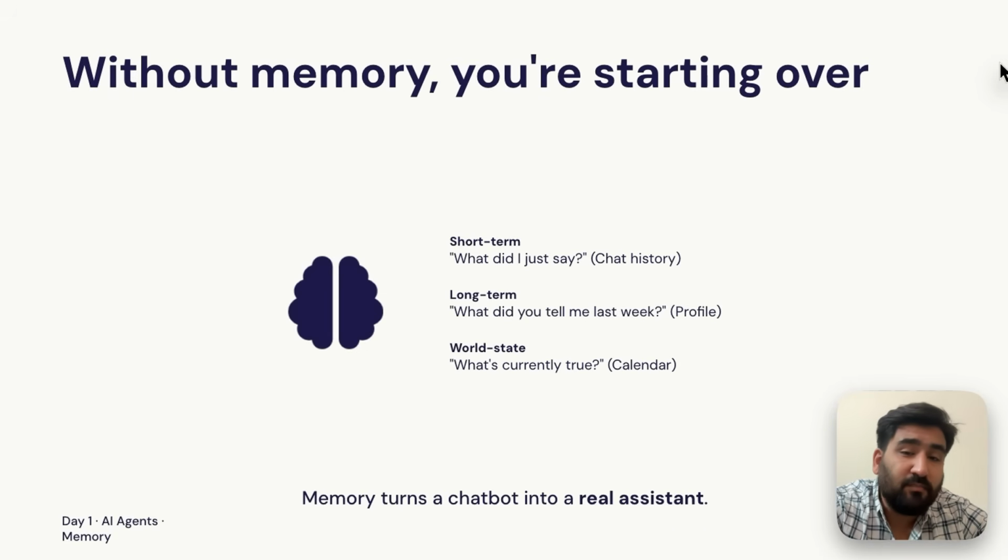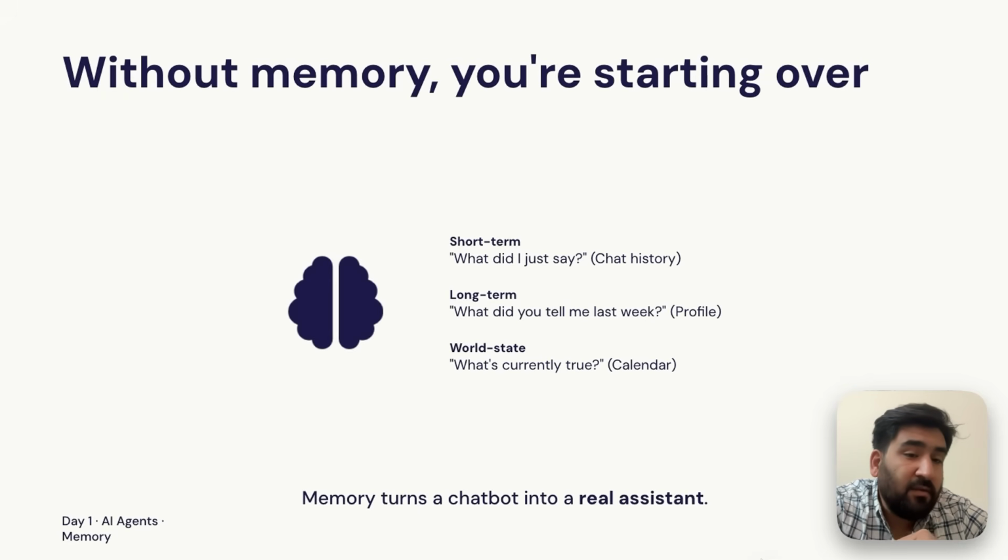Look at the three boxes that say short term, long term, and world state. Okay, so short term is: what did I just say? The chat history. Long term is: what did you tell me last week? And world state is what's currently true, based on the calendar. So without long term memory, the agents cannot personalize anything for you. You're a stranger every single time you visit them.